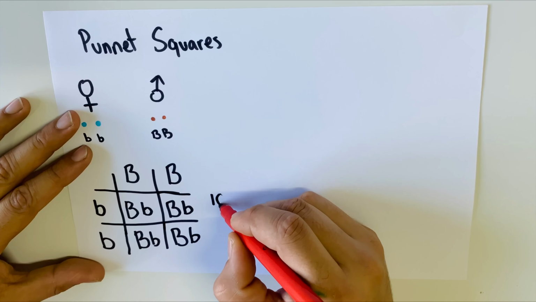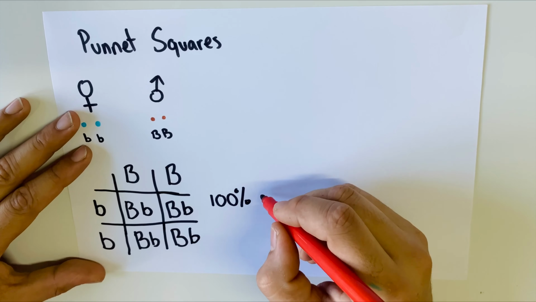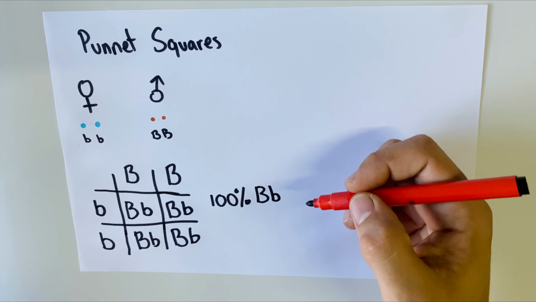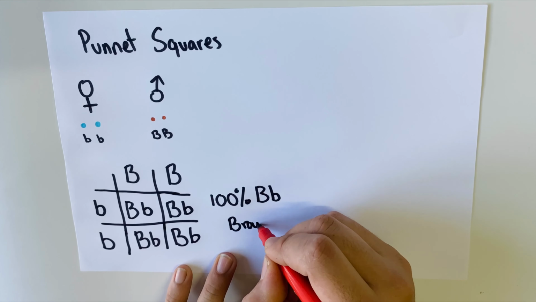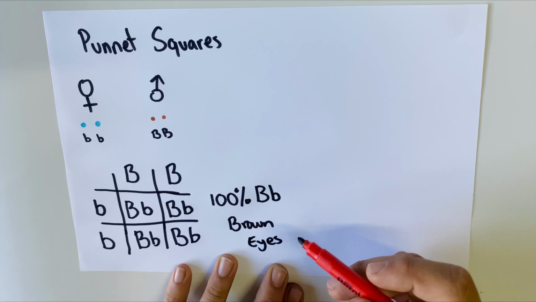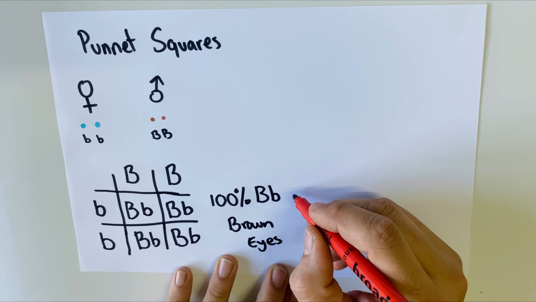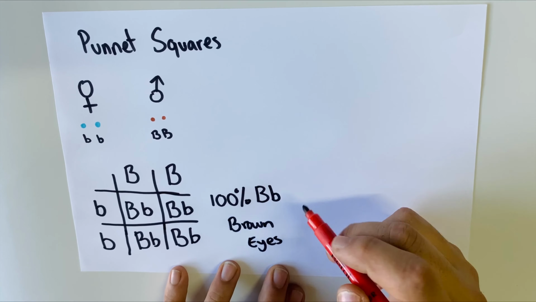Now you can see from this Punnet square, if you had these two parents, 100% of the offspring are going to have the genotype capital B, little b, and the phenotype brown eyes. And again guys, if you don't understand where we got brown eyes from, watch the previous episode where we talk about dominant and recessive, and we use this example.